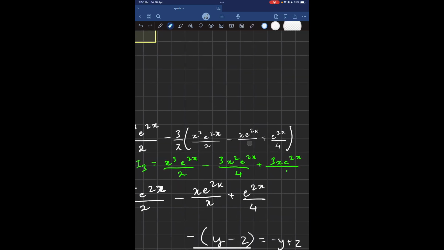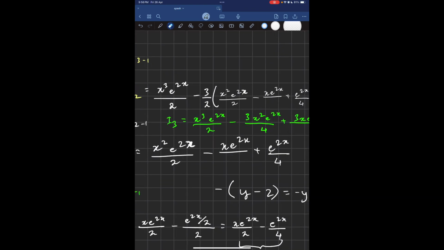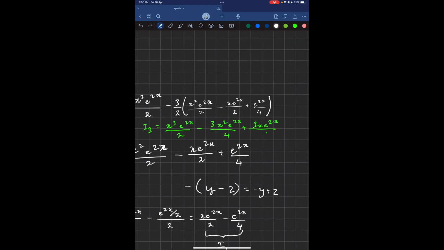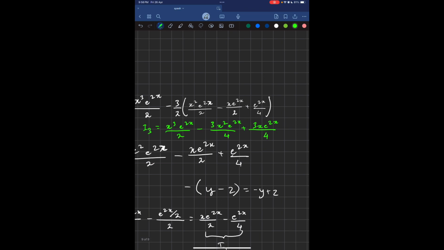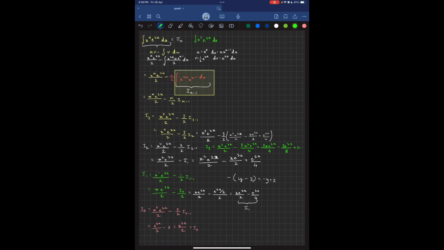This should be 2. Sorry, guys. This should be 2. I don't know why I wrote an x here. So this would become 4, and then plus C. And there you go, that's your I3.